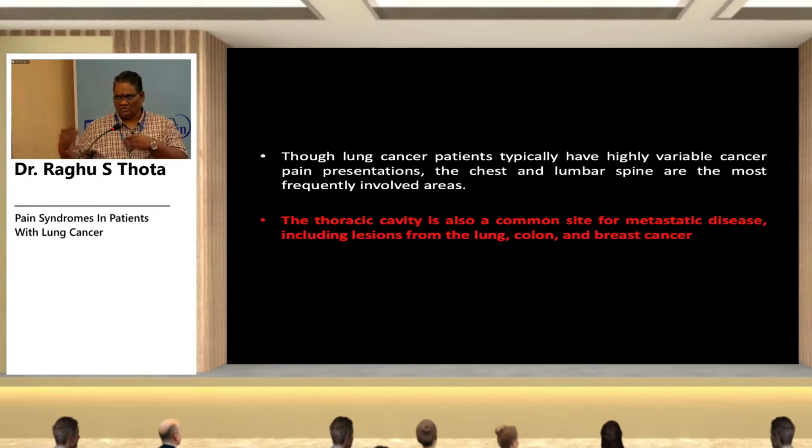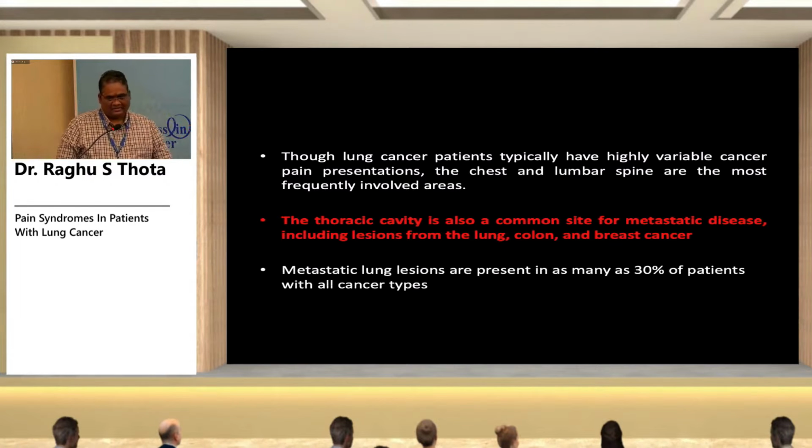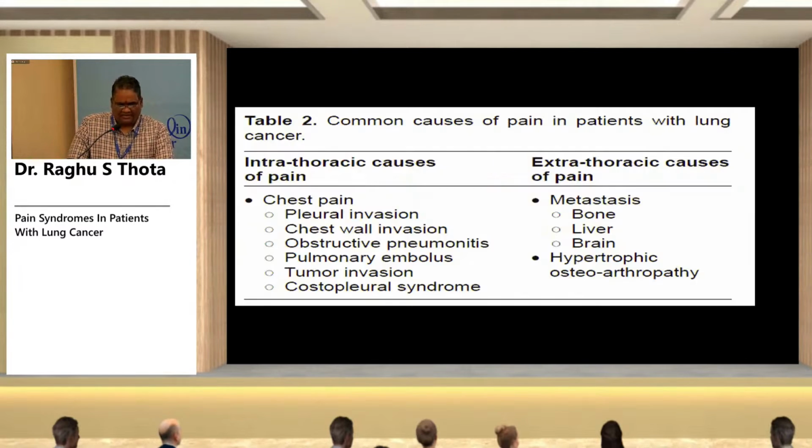No. So these things also play a very important role, and we need to understand that metastasis from other places may come to the lung and can cause pain. That's why I thought I would highlight this sentence. So metastatic lung lesions are present in as many as 30% of patients with all cancer types. The commonest are colon and breast cancers. So they usually metastasize to those areas.